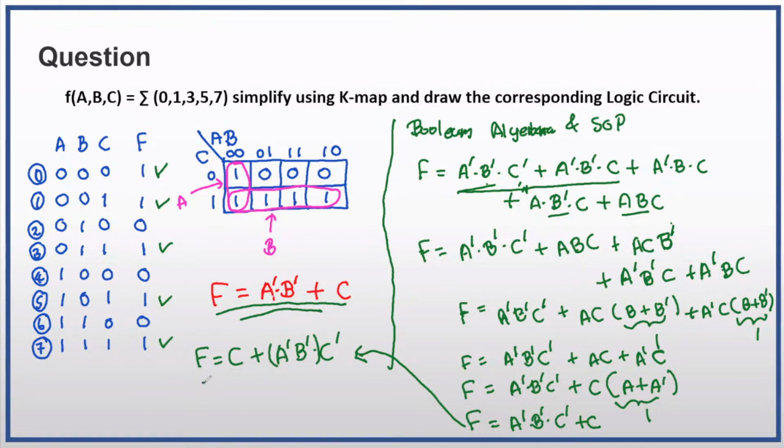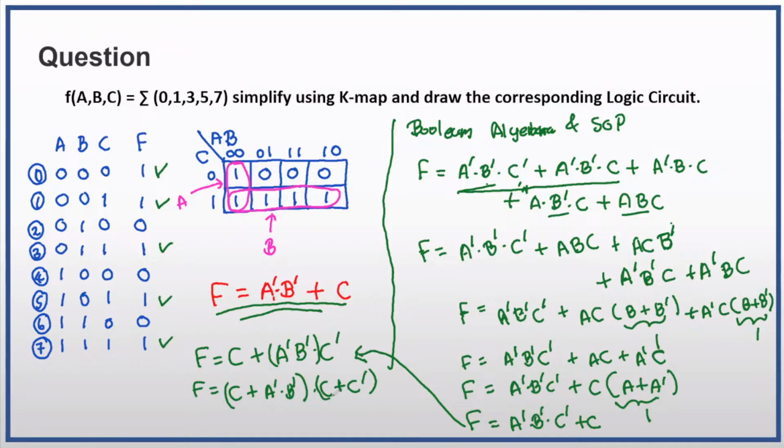So what I'm doing here, F is equal to C plus A dash B dash and into C plus C dash.